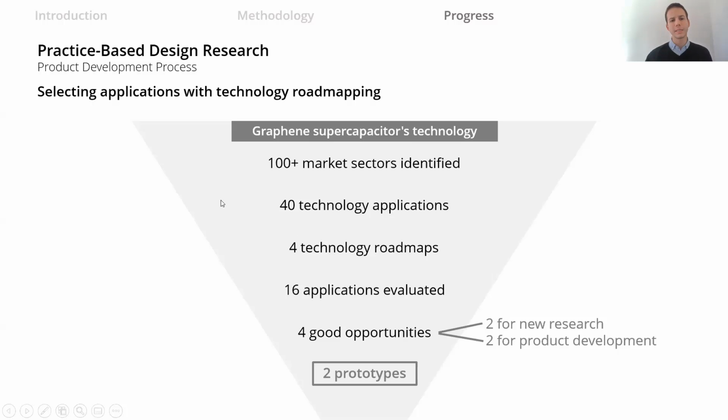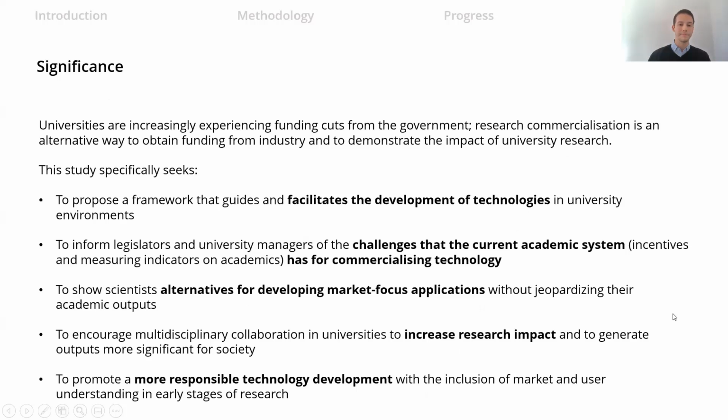But as we can see here, more than 100 market sectors were identified, 40 technology applications, 4 technology roadmaps were created, 16 applications were evaluated, and we identified 2 new opportunities for doing new research projects and 2 products for development.